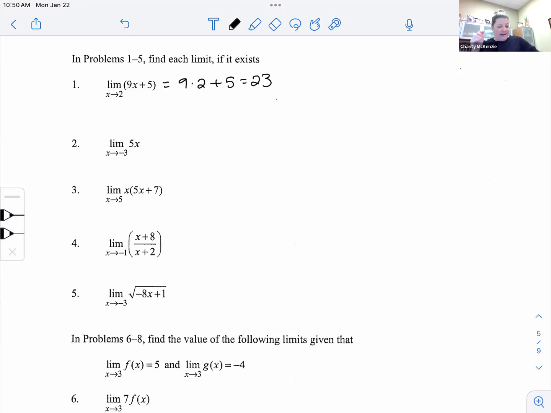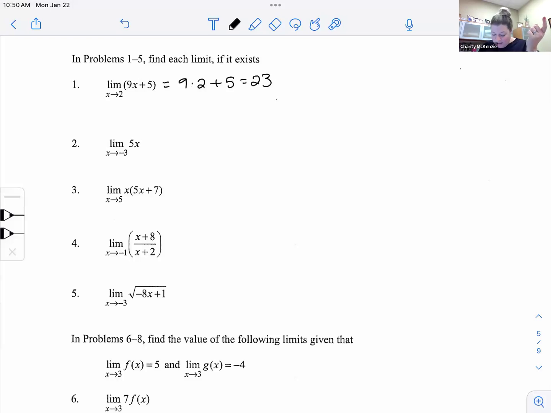So where is this headed? It's headed to 23. And it's headed to both sides. This is a linear line, right? So we're fine with just putting that value in. So you could graph this and look at that graph to see it's a line. But really, we just put that value in.